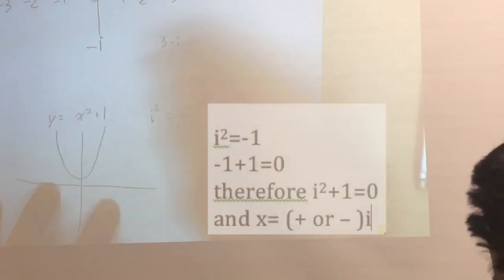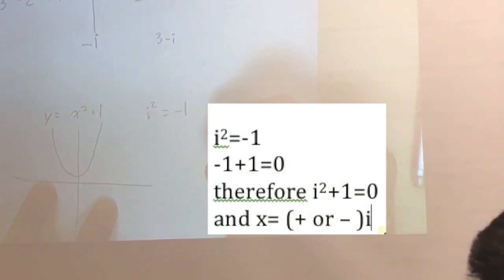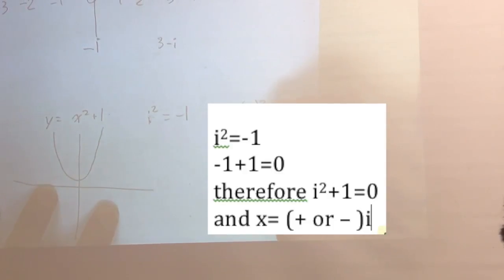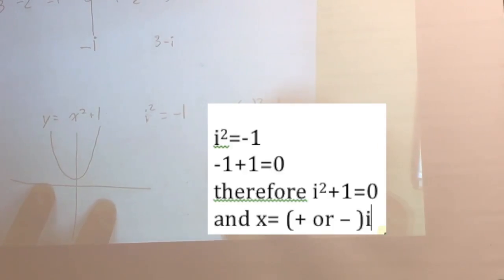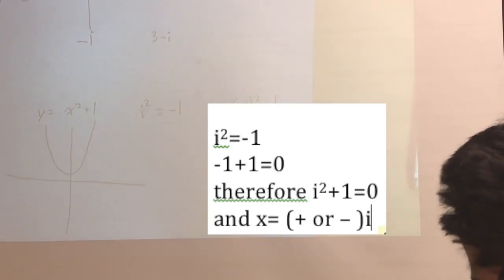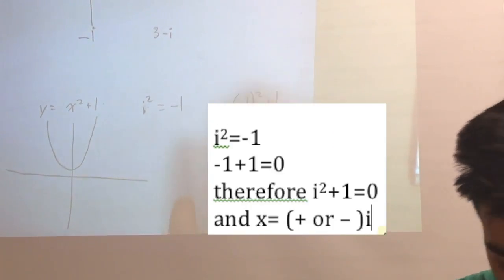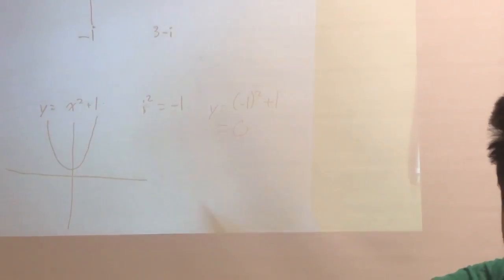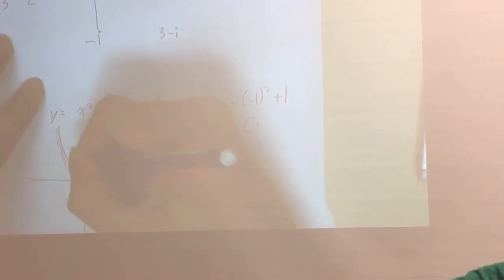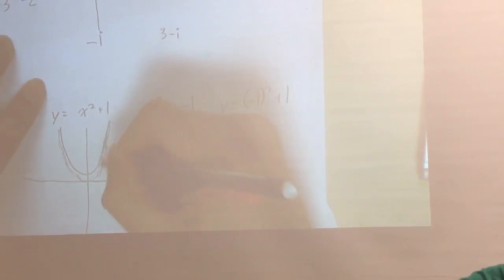And when this function equals 0, you would have y equals negative 1 plus 1, which equals 0. So on the graph, there's no point that equals 0. But if the graph were 3D, it would come out at you, and this shaded area would come out at the paper and be 0.